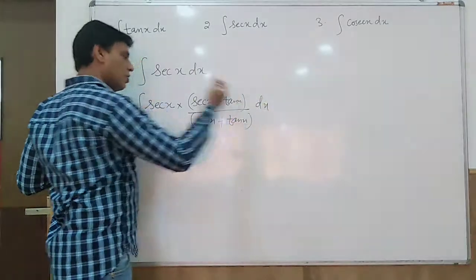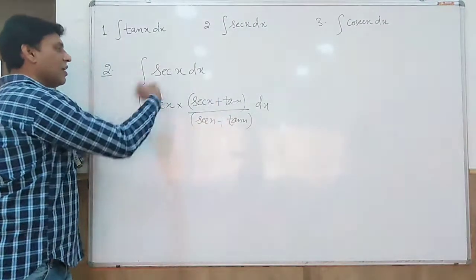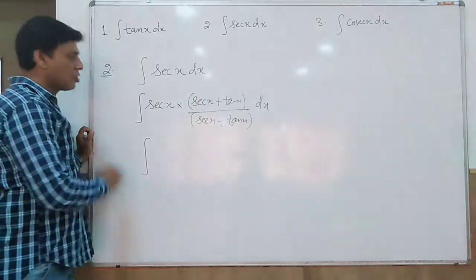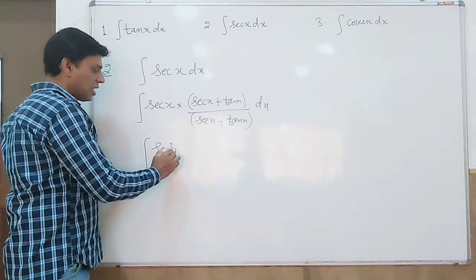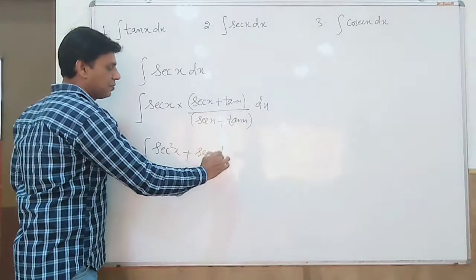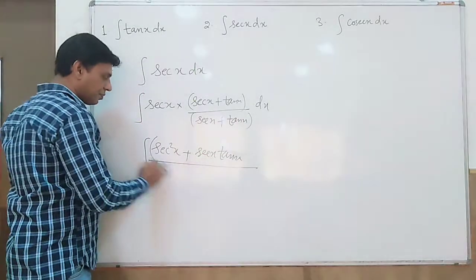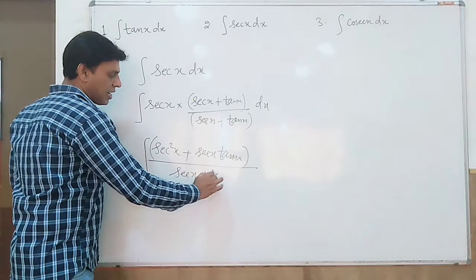We can do this because they will cancel and we are left with sec x again. Now we multiply sec x into the numerator, so we get sec square x plus sec x tan x upon sec x plus tan x, dx.